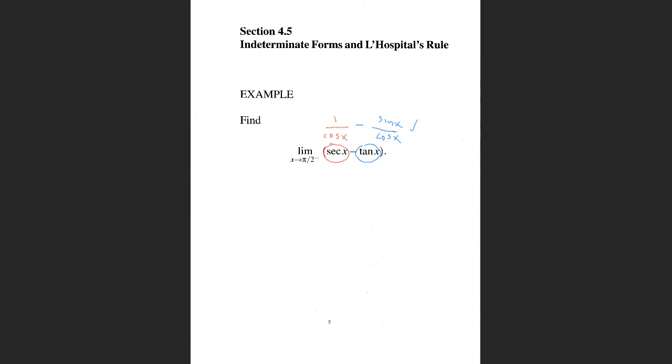In this case, I'm going to write tangent as sine of x over cosine of x, because I haven't taken the limit yet, but what do you think I want to do with these two fractions that have common denominators? You're going to write 1 minus sine over cosine of x. That's right. We're going to combine those fractions.